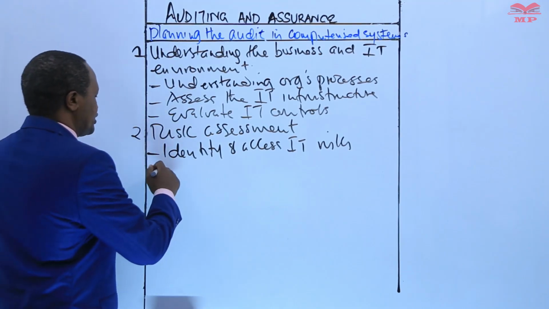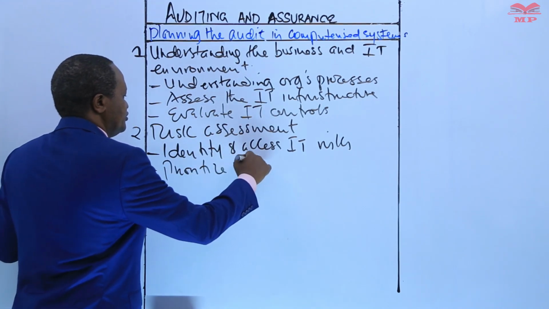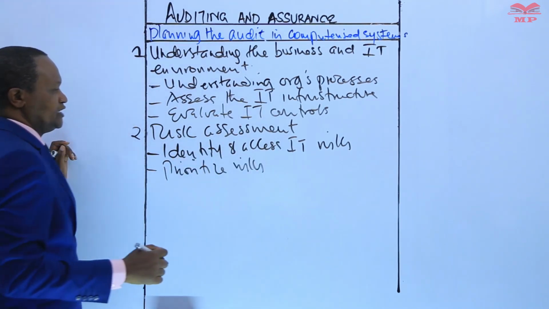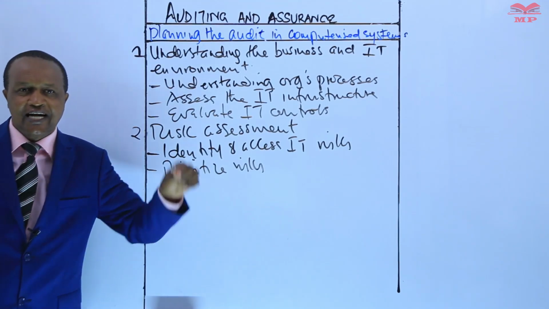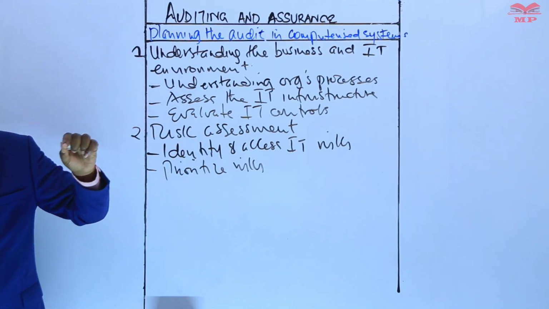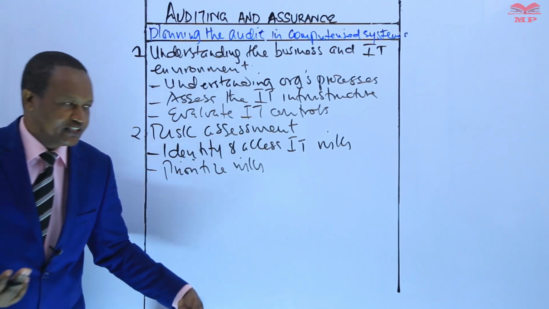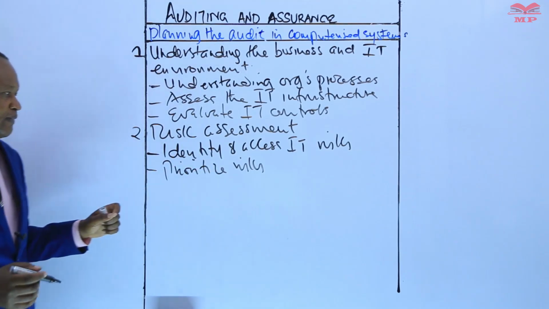Then prioritize risks. After identifying and assessing the risks, prioritize the risks. Rank the identified risks based on the most critical areas.